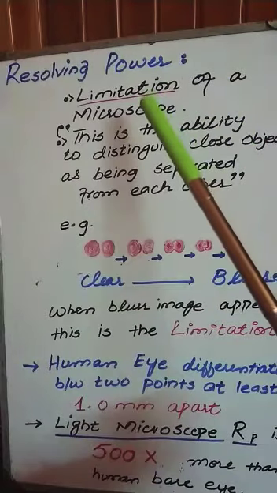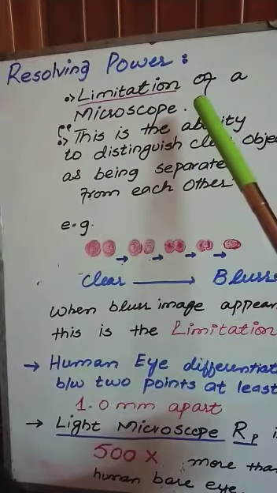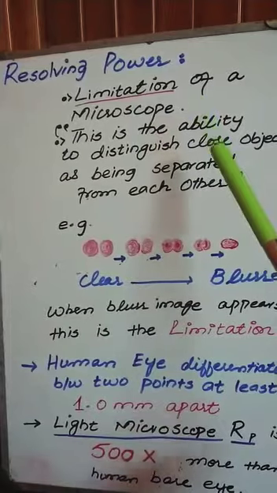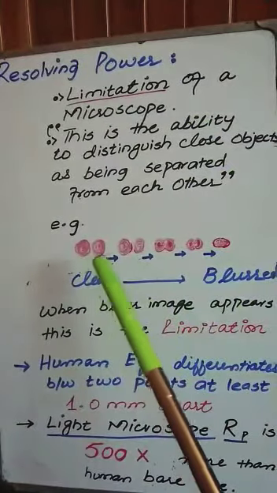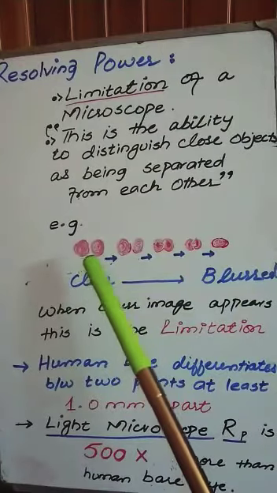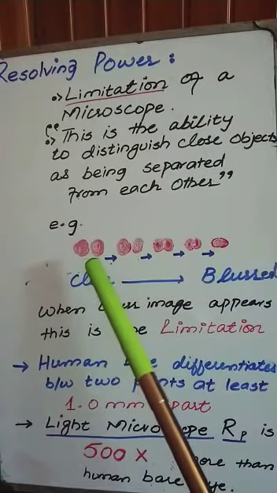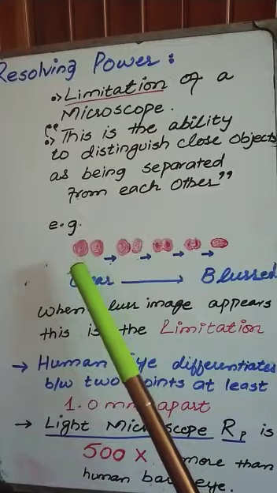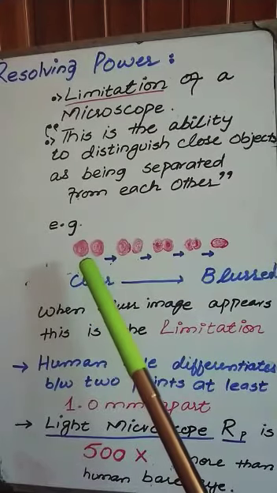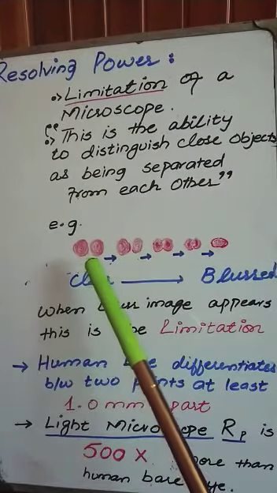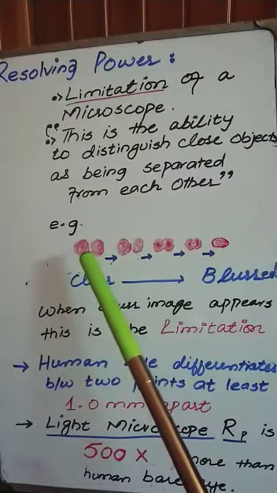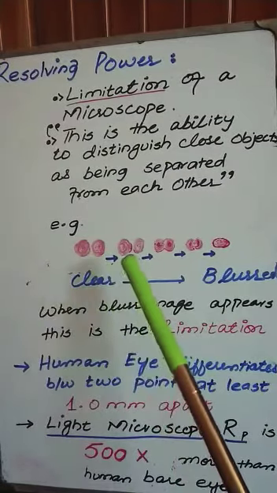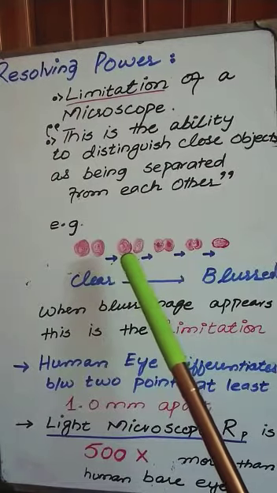Mind it, this is the limitation of a microscope. I can explain it in a very simple way. If you make two circles, or you can assume them as dots, they are separated from each other, and there is a clear visible difference so you can differentiate between these two balls. But over here, the distance is reduced.